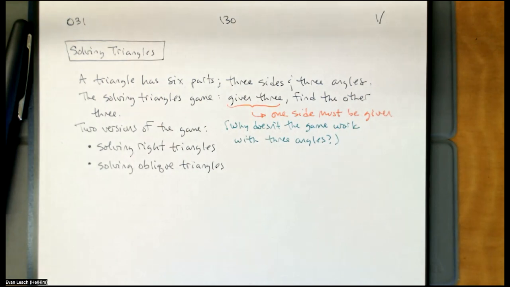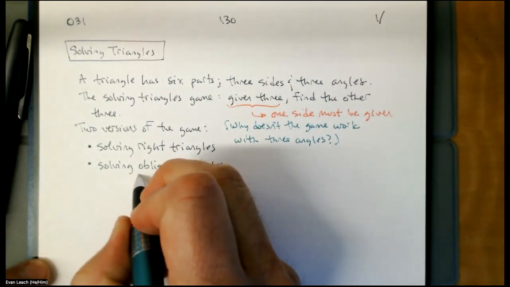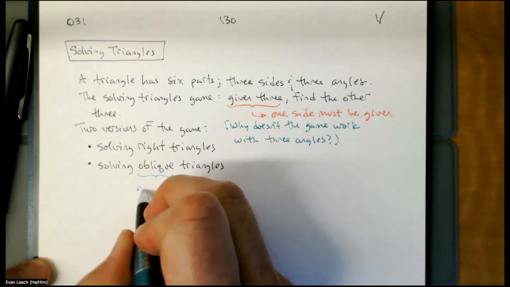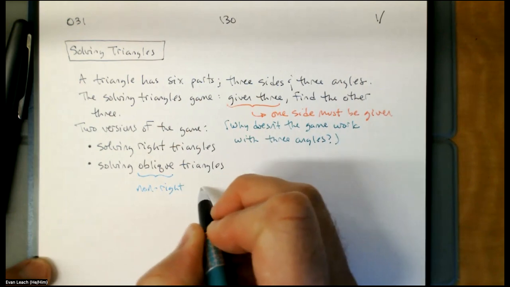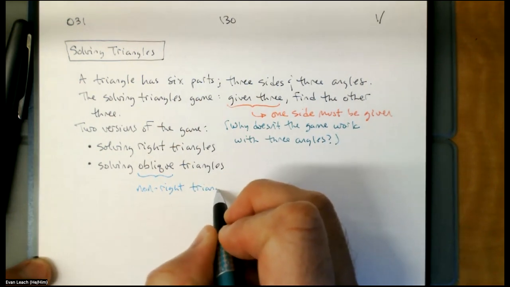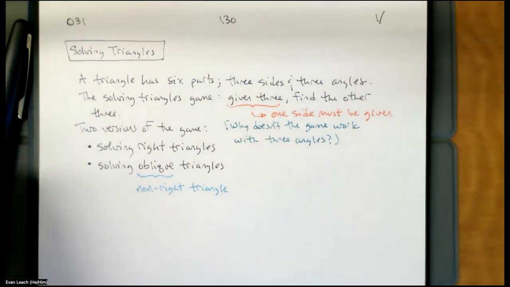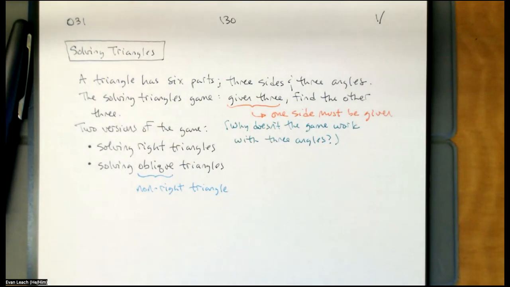You aren't given a right angle. Oblique just means non-right triangle.